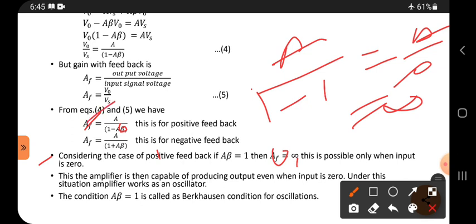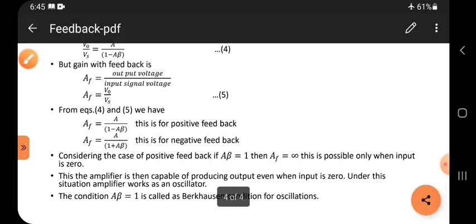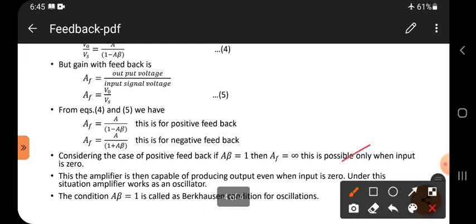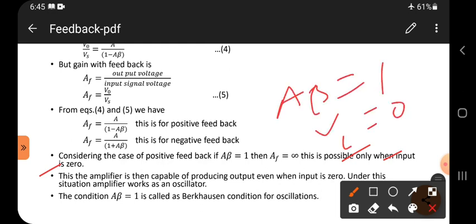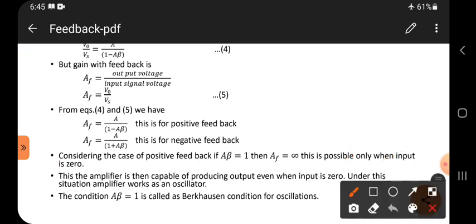This is possible only when the input signal is 0. So this amplifier is then capable of producing output even when the input is 0.